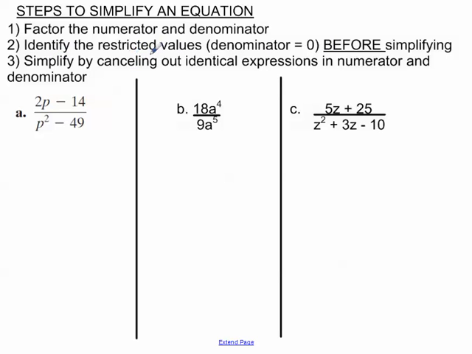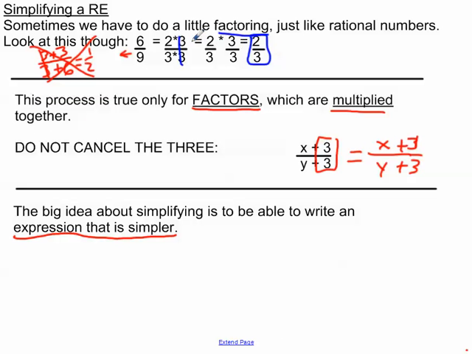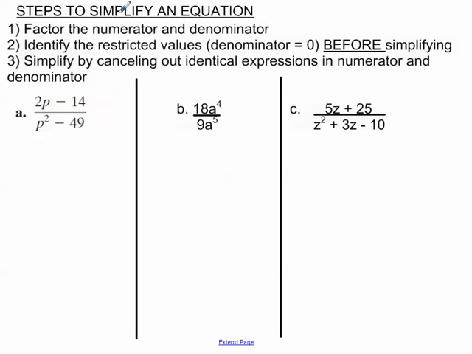We simplify by canceling out identical expressions in the numerator and the denominator that are factors, just like our previous example, where we can cancel out the 3's because 2 times 3 and 3 times 3 are both factors.